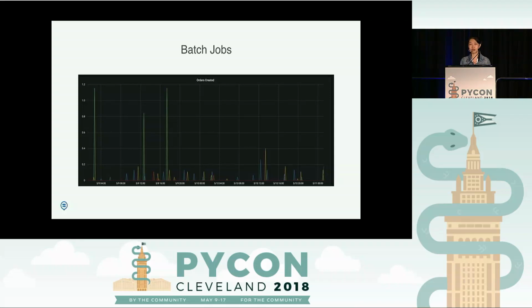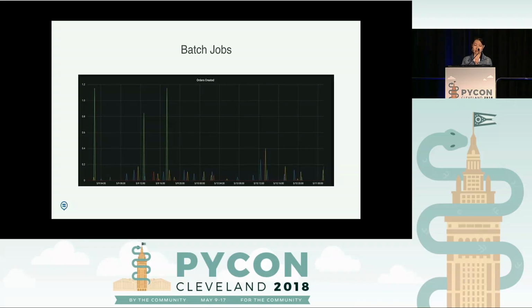Here are some signals that we use to track batch jobs. So these spikes indicate when the data is being loaded and therefore when the job is run. It's incredibly important to have visibility into basic information like this, to see, hey, my job is running.